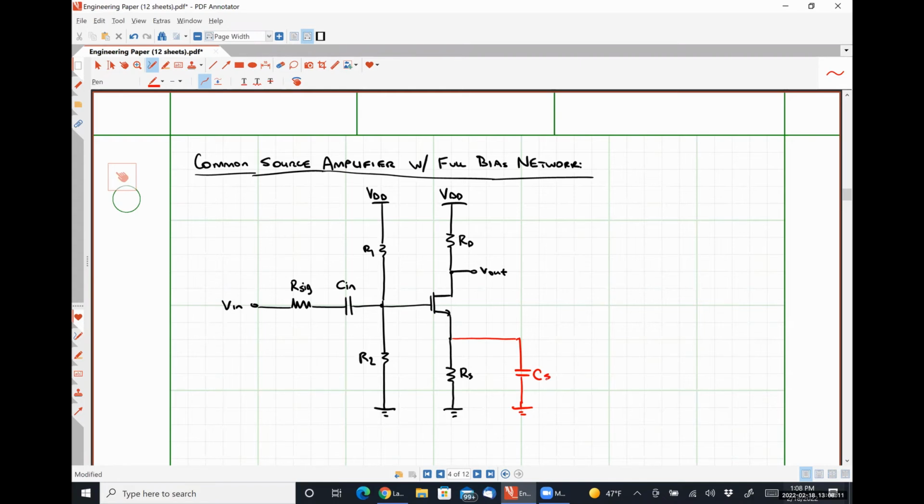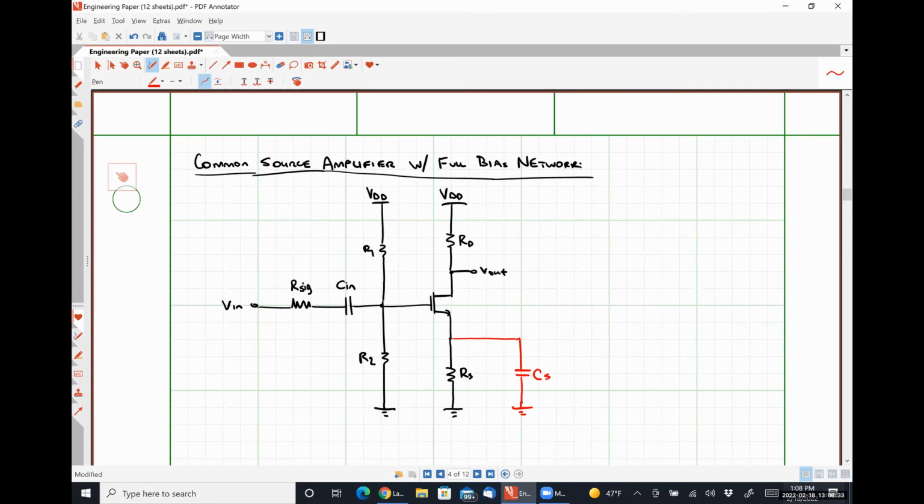Donald, what does that capacitor CS do? So what does it look like at small signal? It's going to be an open circuit to DC. Short circuit to AC. Yeah, right.